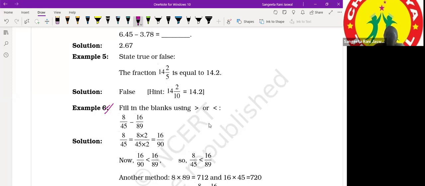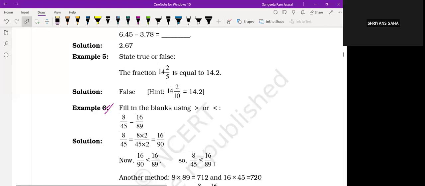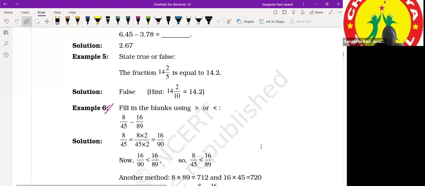So what will you do here? 45 into 2 is 90, so it became 16 by 90. Now you have the numerators equal. When both numerators are equal and the denominators are different, the fraction with the smaller denominator is the greater fraction. Yes? And so we get 16 by 89 is the greater fraction.